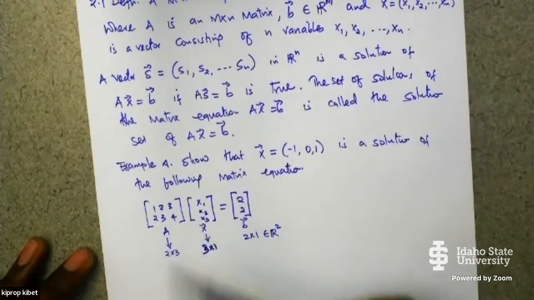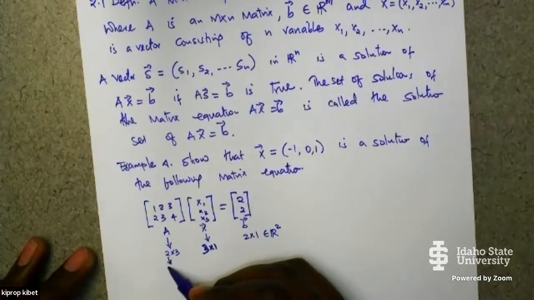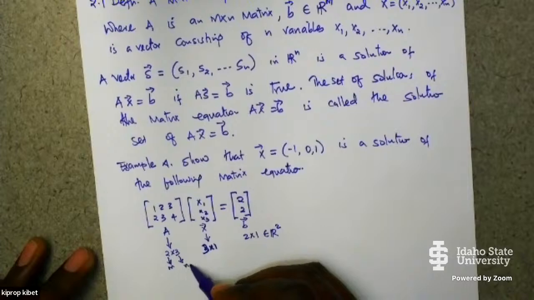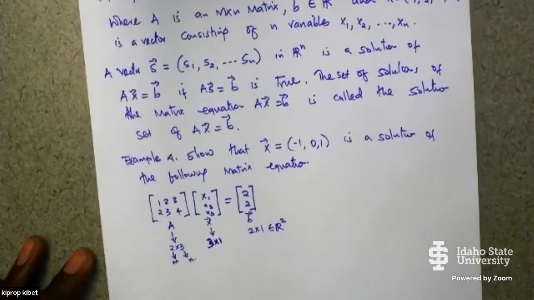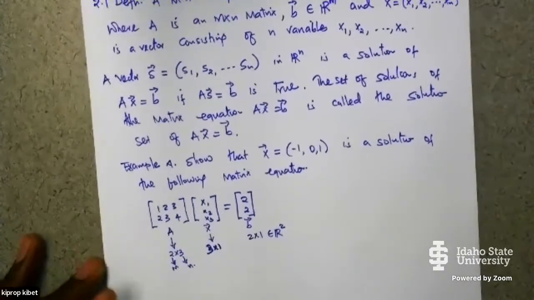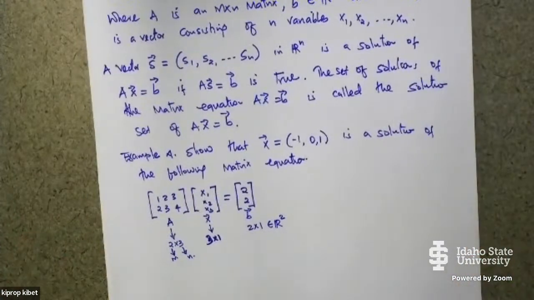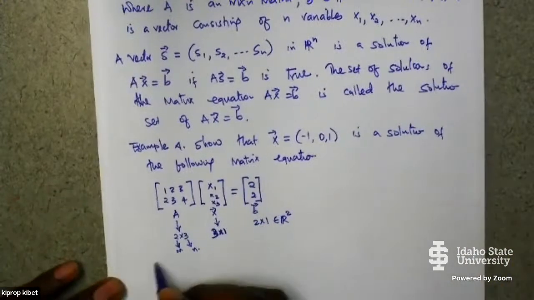So in this case, this is an m, and this one is an n. Show that this vector X, which is X1, X2, and X3, is a solution of that. So how can we show that?